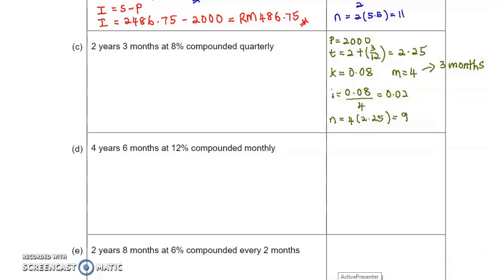Calculate value S equal to P(1 + i) to the power of n, so 2000, 1 plus 0.02, n equal to 9.